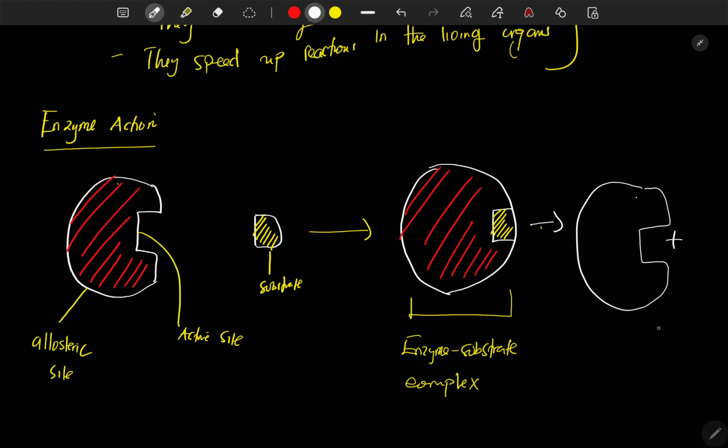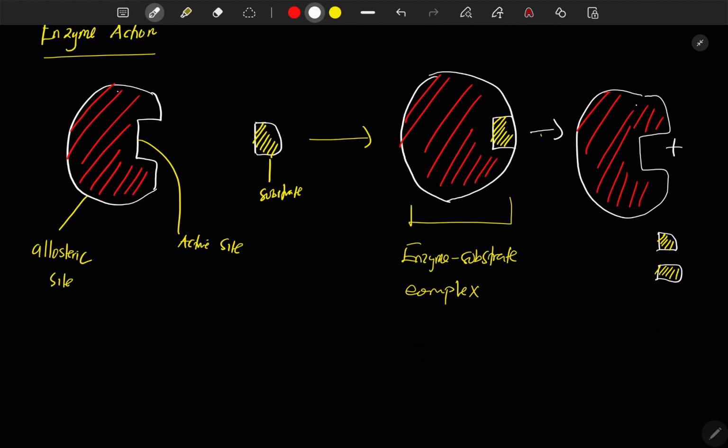This thing of ours here will be broken down into two, so we can have one of that nature and the other one of that nature. You can say the enzyme has then changed shape. These are what we are calling products. This is still the enzyme.